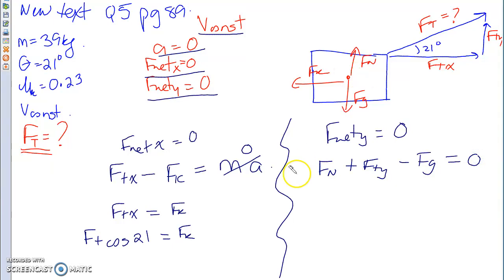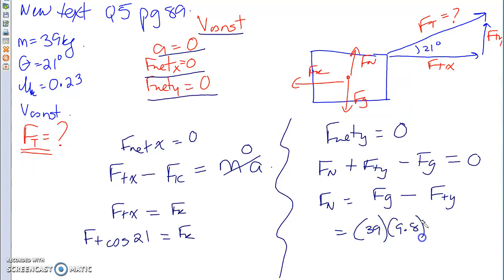Now to get my Fn, I need to move my other two forces. So Fn equals Fg minus Fty. Fg is mass times gravity, 39 times 9.8, minus Ft sine of 21 degrees. Next we're going to try to figure out what our mu k is, and hopefully we are able to solve from the mu k.